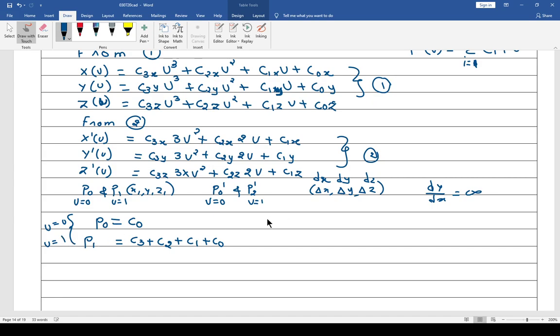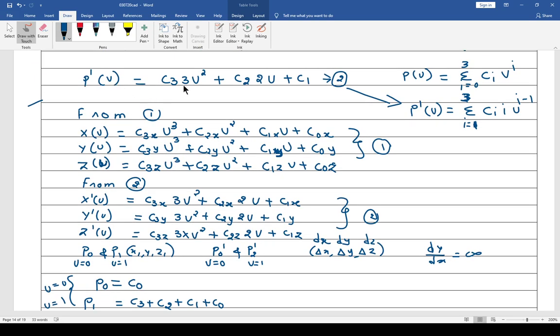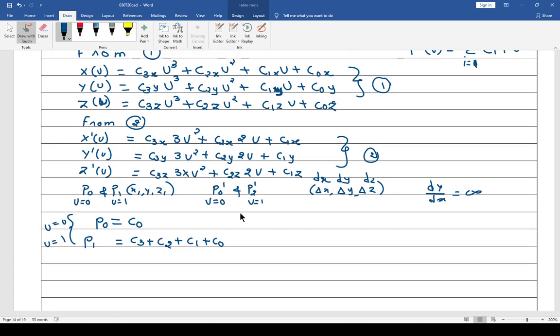Now let's go with the second equation, the derivative. For u equal to 0, this term gets cancelled, this term gets cancelled, and only c1 remains, because u is 0. So p dash of 0 is equal to c1.